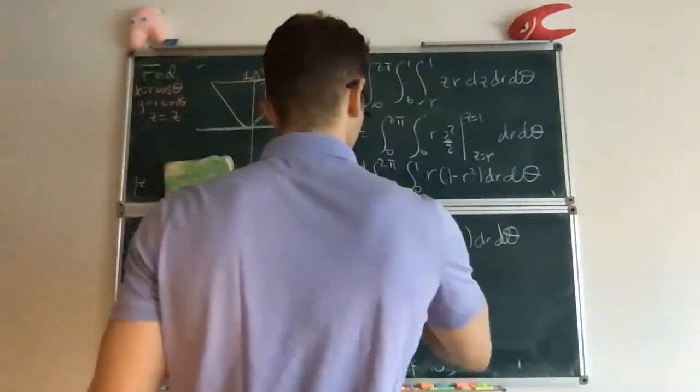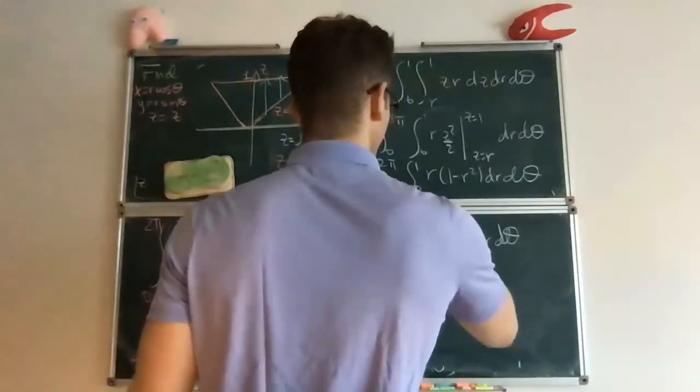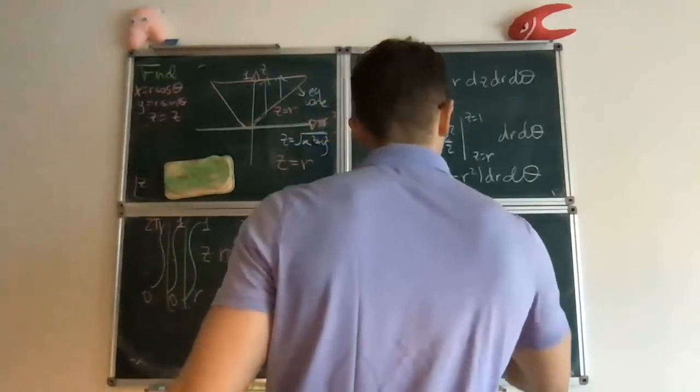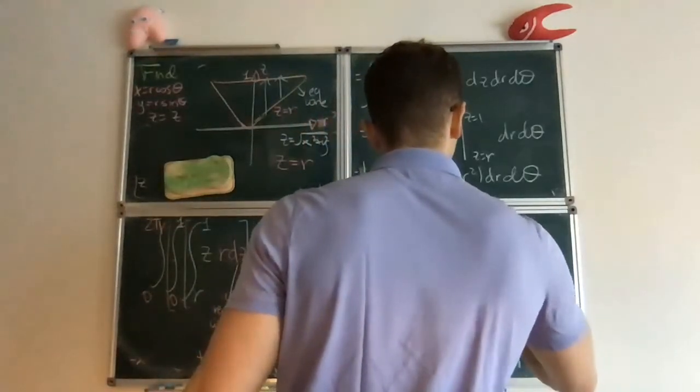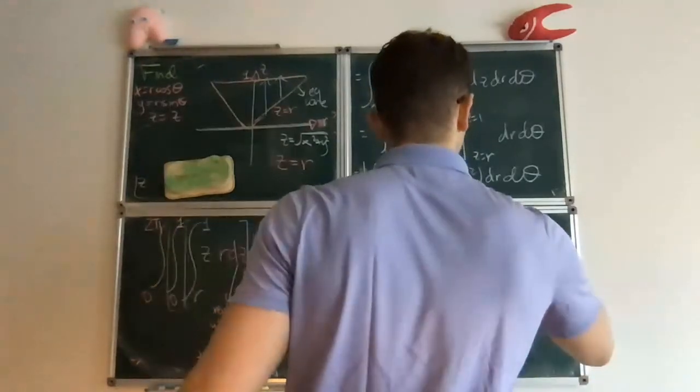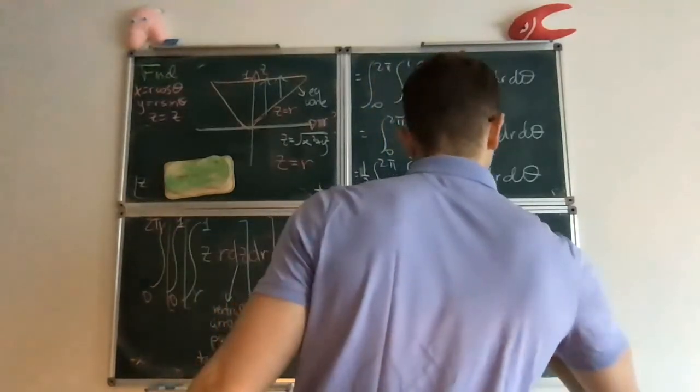And this is easy. This goes from 0 to 1, and this gives r squared over 2 minus r to the 4 over 4, d theta. You're evaluating where r equals 1 and r equals 0.